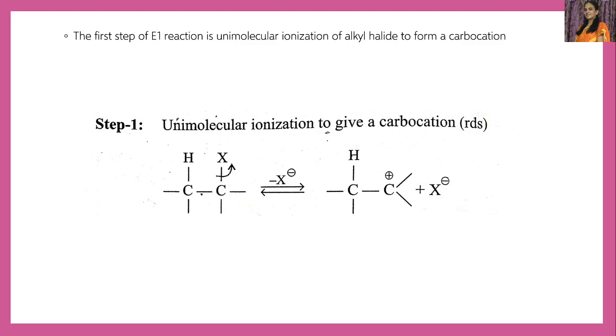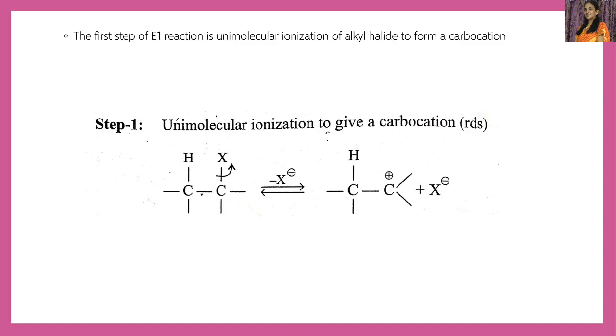Step one is unimolecular ionization to give a carbocation. This is the rate determining step, RDS. In the rate determining step, only one molecule is participating. This molecule loses X minus.